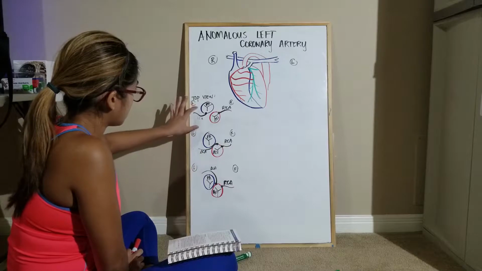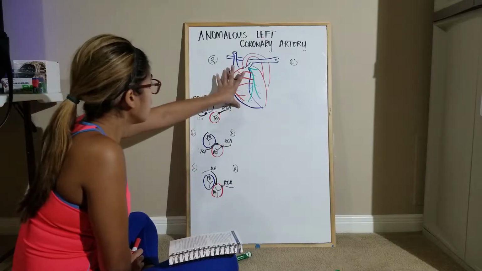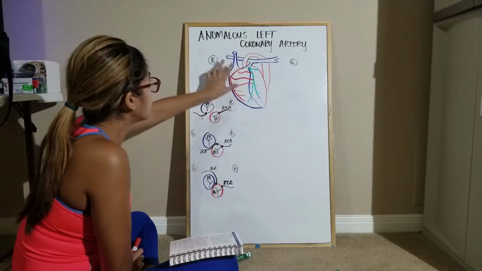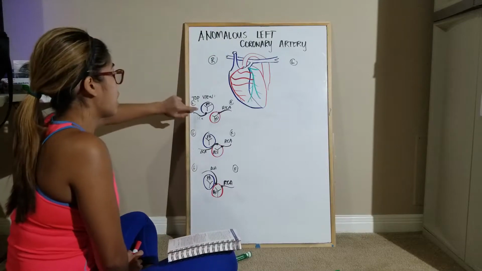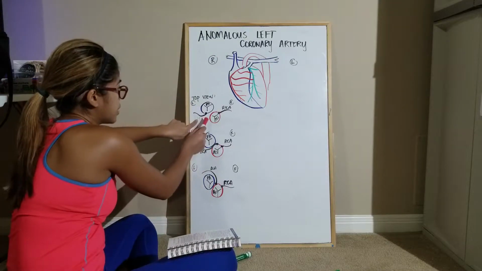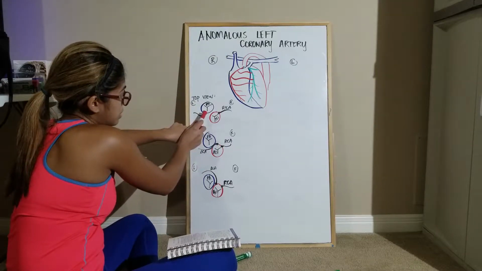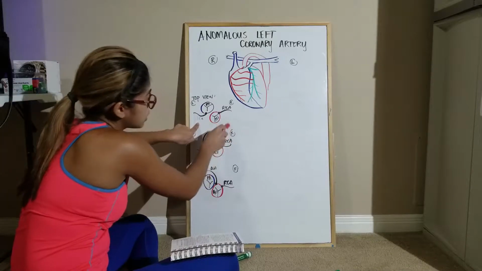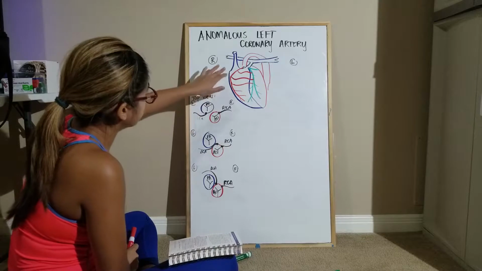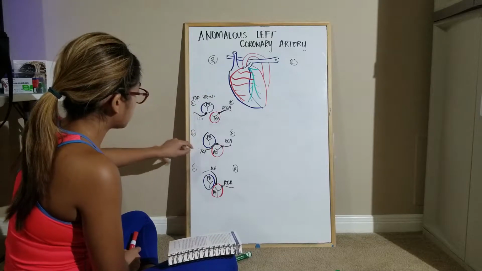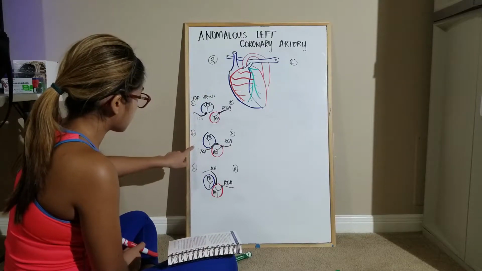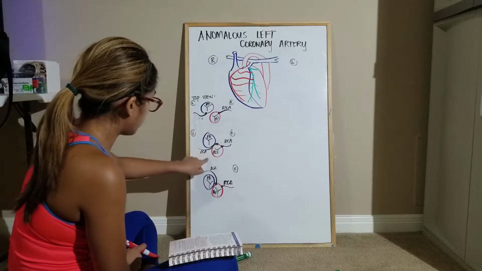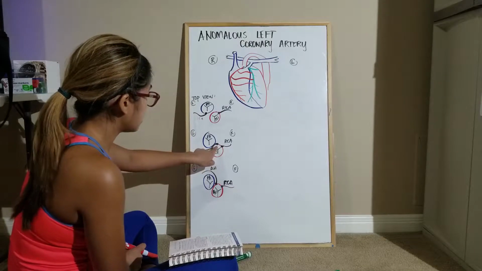So in our malformed, anomalous left coronary artery, the left coronary artery branches out from the pulmonary artery right here, and the right coronary artery is normal in the aortic coronary sinus. Second view is that our left coronary artery is coming from the aorta.